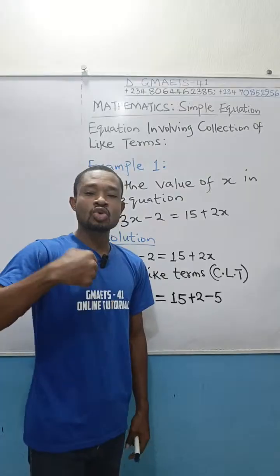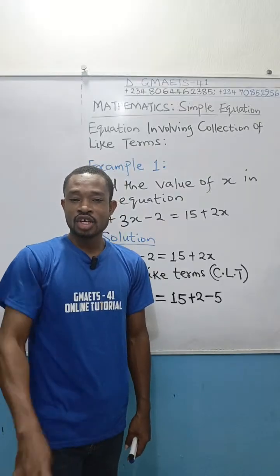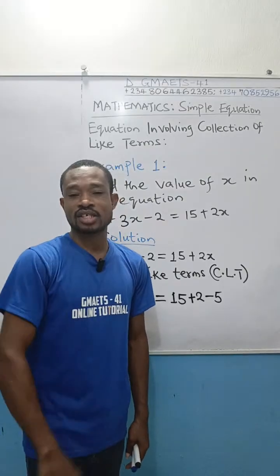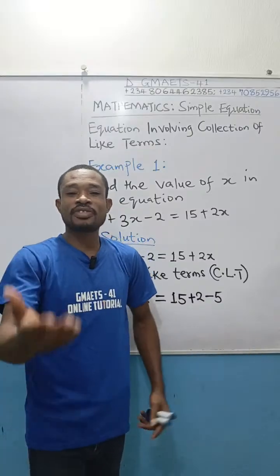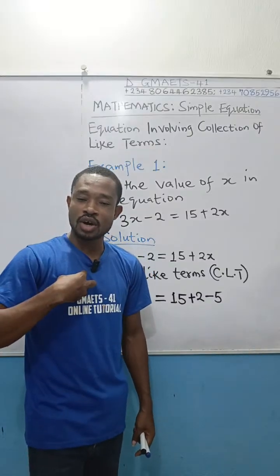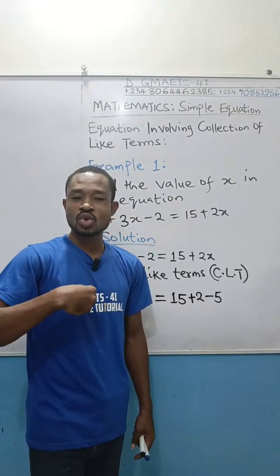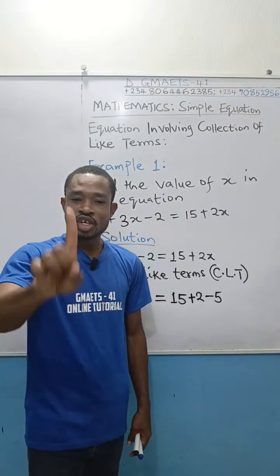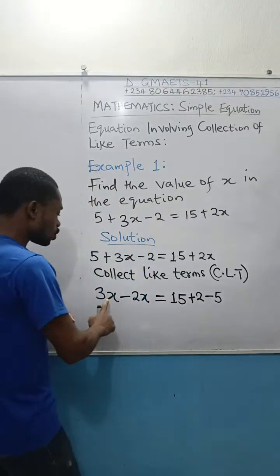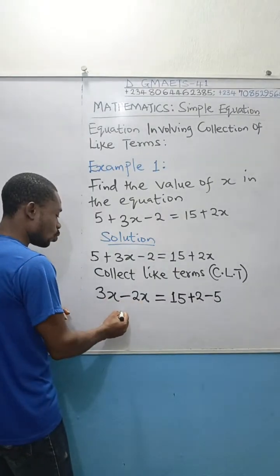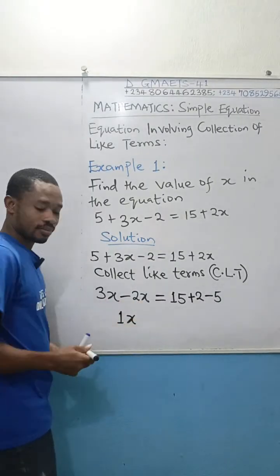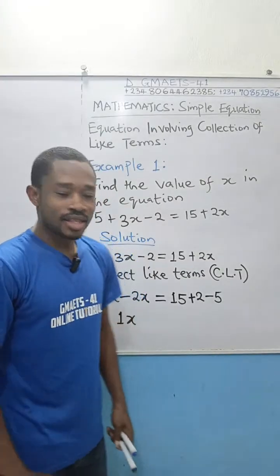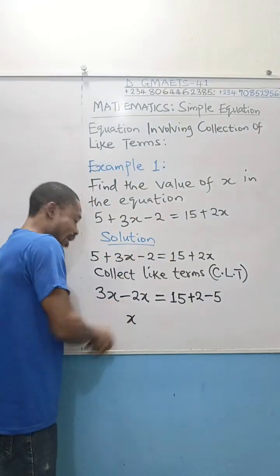If you remove 2x from the 3x you have, you will be left with 1x. It is just like you have 3 oranges and you are owing me 2 oranges. If you give me 2 oranges from the 3 oranges, you will have 1 orange left. So 3x minus 2x will be left with 1x. If it is 1x, you don't write the 1. So let me wipe it.